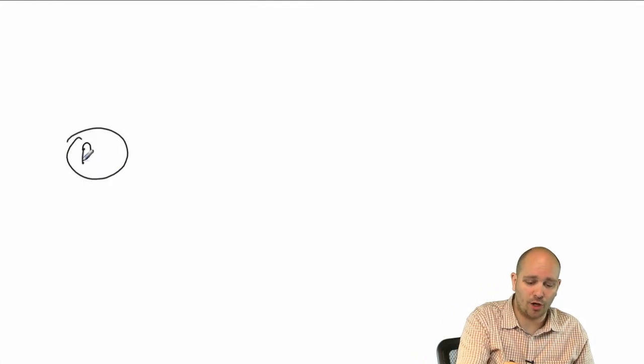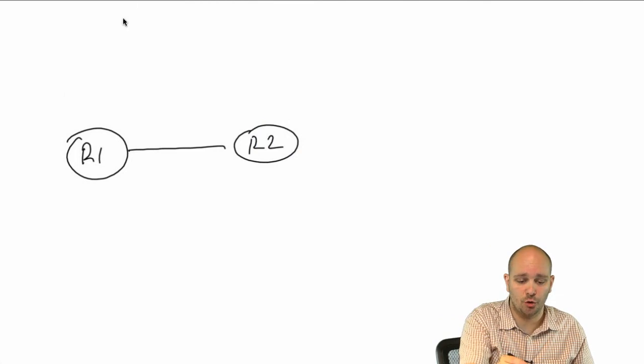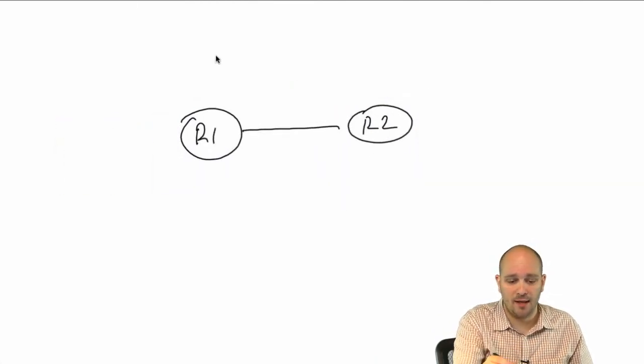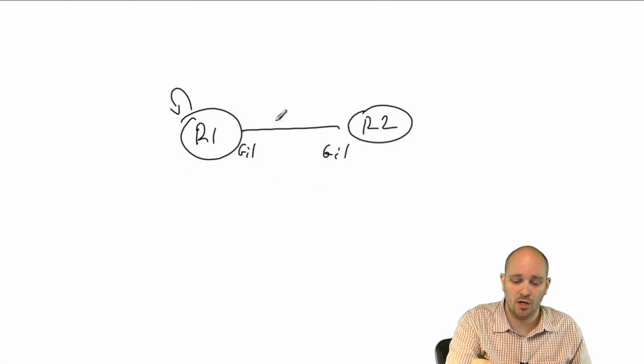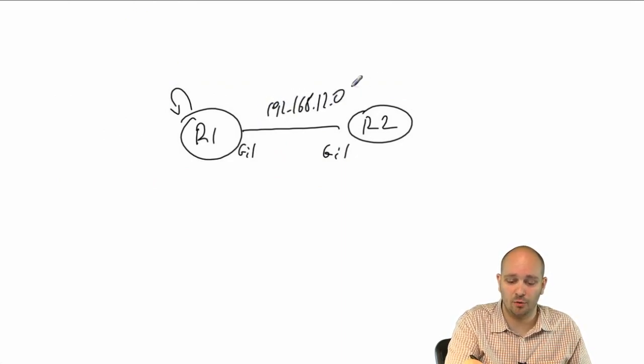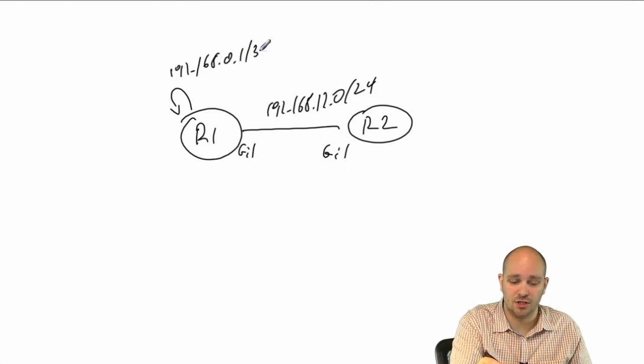We have our router R1 connected to our router R2, and remember, on R1 we have that one loopback interface. So here we have interface gigabit 1, interface gigabit 1, and this is 192.168.12.0/24, and here we have 192.168.0.1/32.